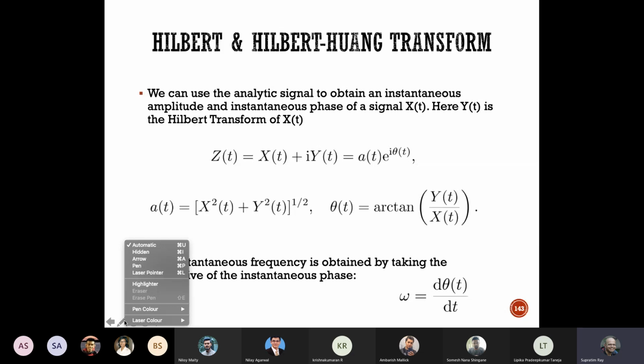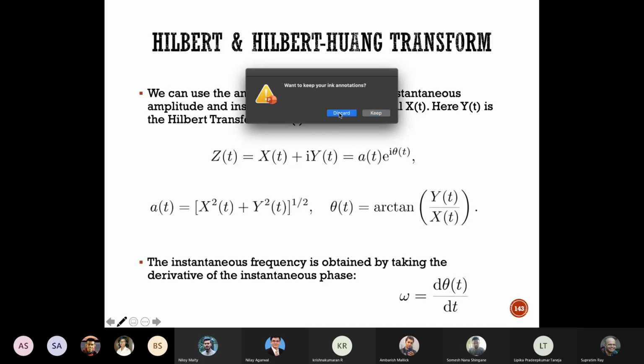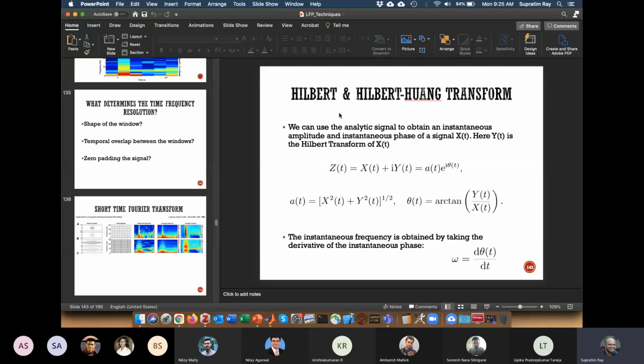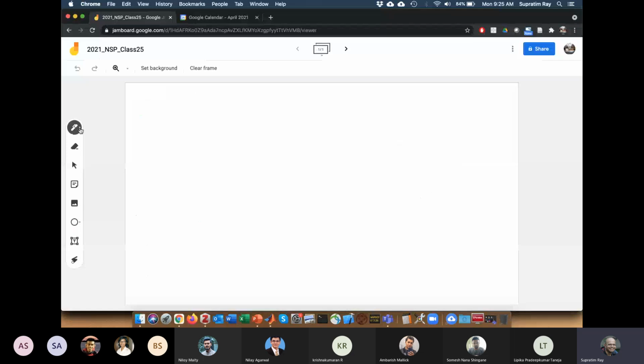I'm going to use the board for this. Okay, so here's the thing. Suppose I give you a signal, in this case, let's say a sinusoid, like this.